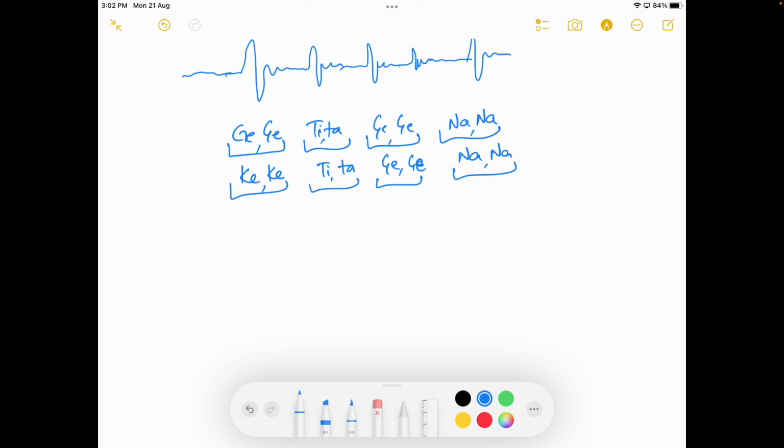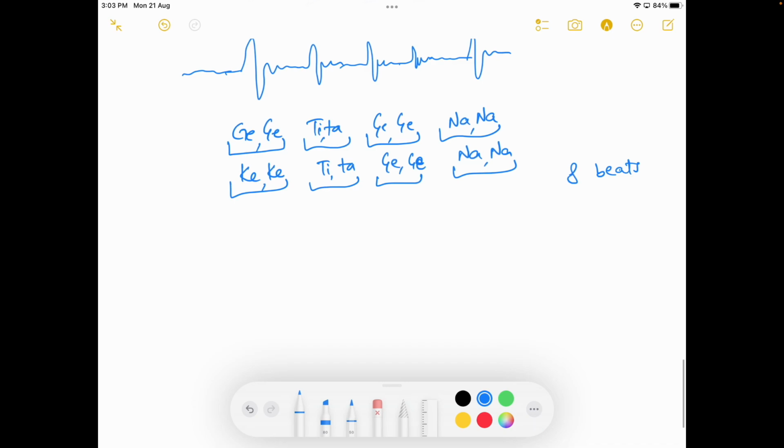How many beats are there? So there are 8 beats. How many strokes? 16 strokes total. So what is a stroke? Every symbol in this alphabet is 1 stroke. Ghe is 1 stroke, ti is 1 stroke, ta is 1 stroke. Total 16 strokes.